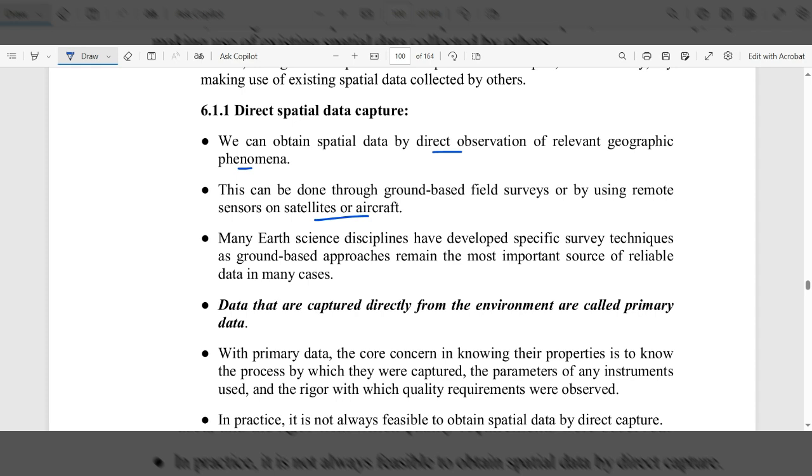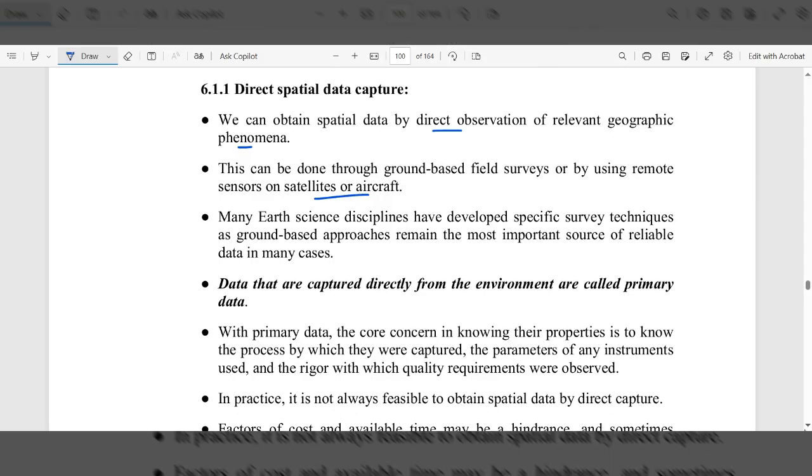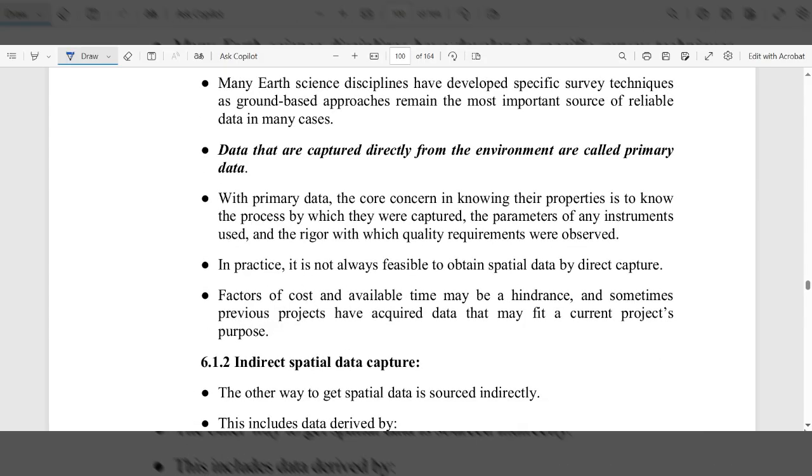So data captured directly from the environment are called primary data. Okay. So with primary data, a core concern is knowing about their properties, is to know the process by which they can be captured, the parameters of the instruments, and the rigor with which quality requirements are observed.